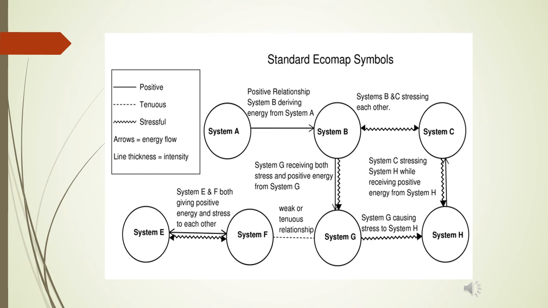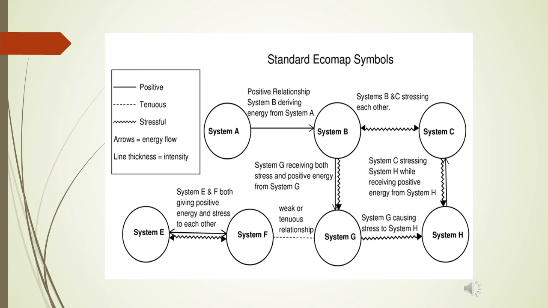Tenuous means tension is prevailing. So system F and system G, there is a weak relationship. And stressful: where is it stressful here? System B and system C, there is a stressful relationship.